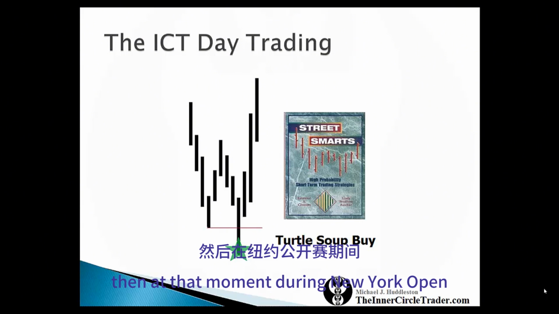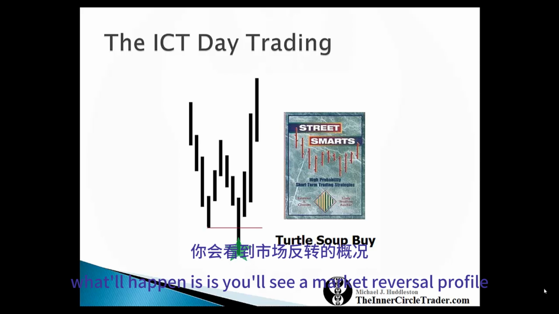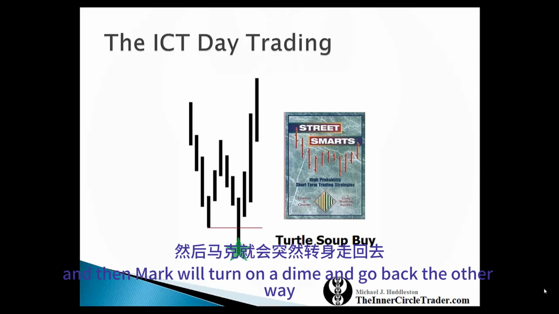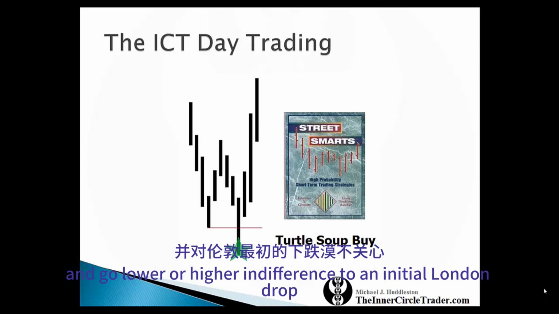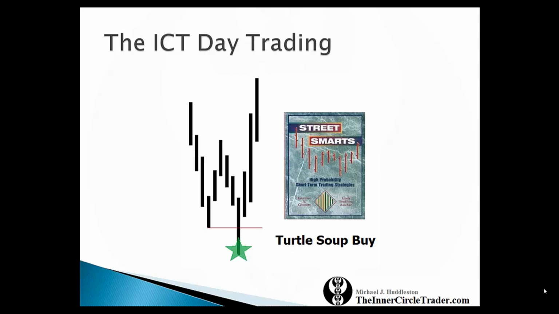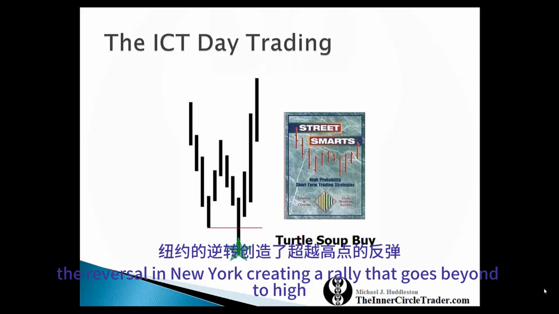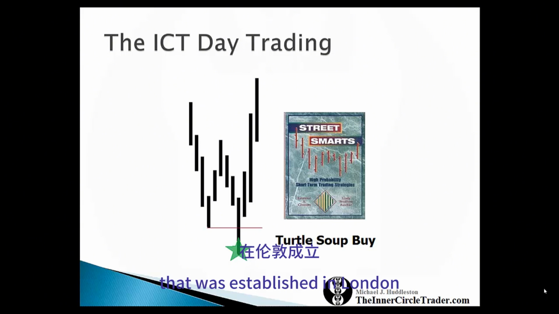Then at that moment during New York Open, you'll see a market reversal profile, and the market will turn on a dime and go back the other way, and many times retrace the entire London session move and go beyond it, going lower or higher than the initial London drop, and then the reversal in New York creates a rally that goes beyond the high that was established in London.